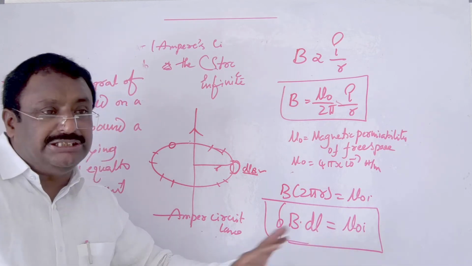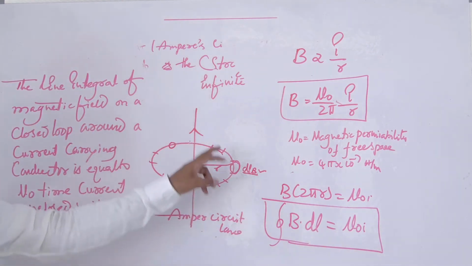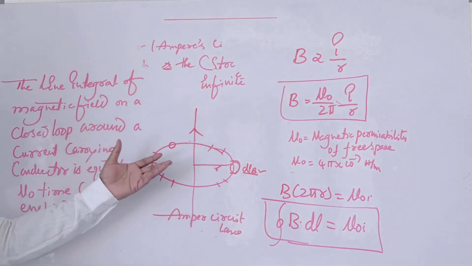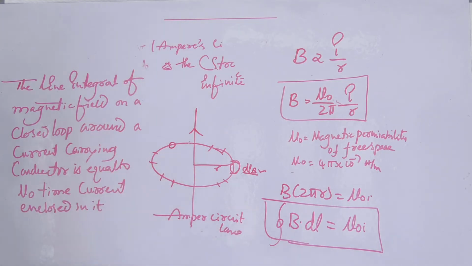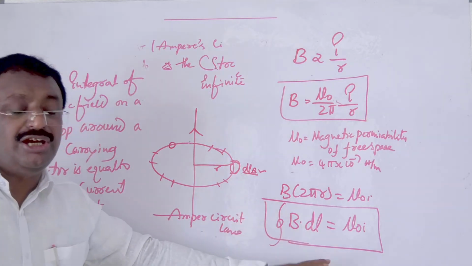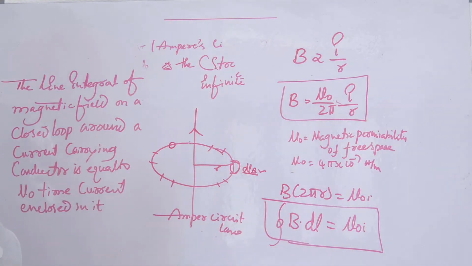This circuit law does not depend upon the shape of the loop. Whatever the shape, we can apply Ampere's law. So it is a very useful, very important law. Where there is symmetry, we can use Ampere's law to find the magnetic field.